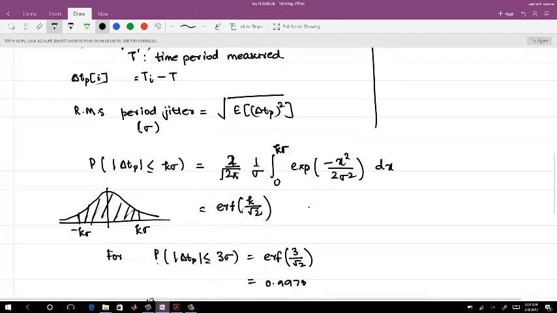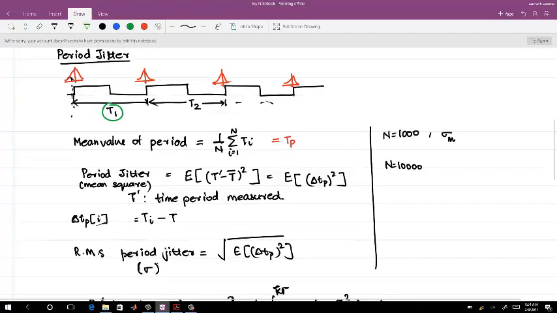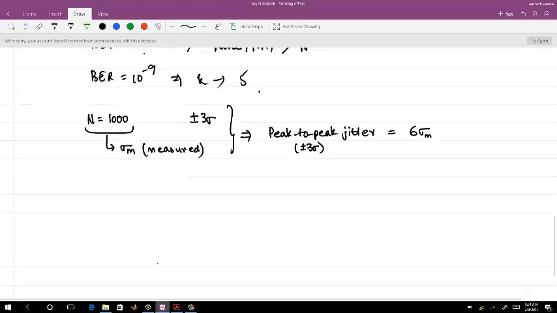And where this period jitter is important, yesterday I told one example: where only the duty cycle matters, where we are using 2 clocks. Let me come back to that example.